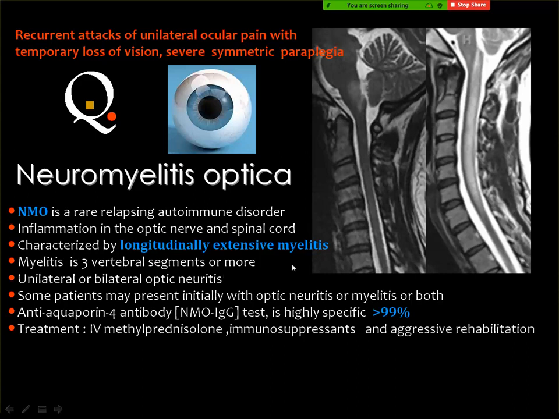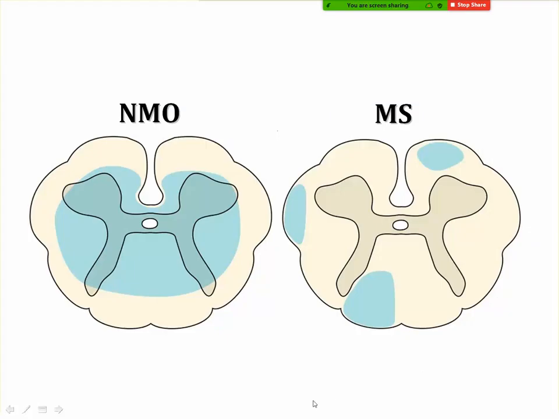And the affection of the cord is usually extensive. They said that it should cover 3 vertebral segments or more, and these patients have positive anti-aquaporin 4 antibody, which is a neuromyelitis optica IgG test, which is positive in a large proportion of the patients.